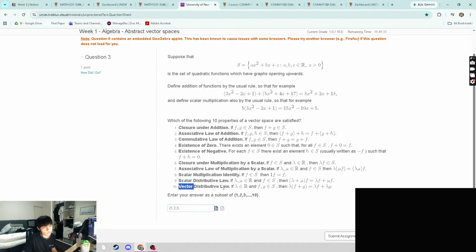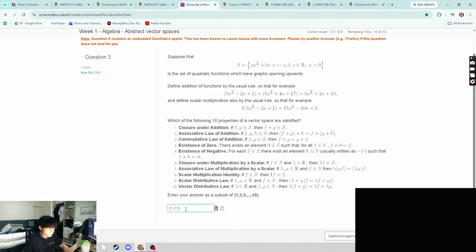Or does the vector distributive law work? This one works. 8 works, because 1 times ax squared plus 1 times bx plus 1 times c still holds for a larger than 0.